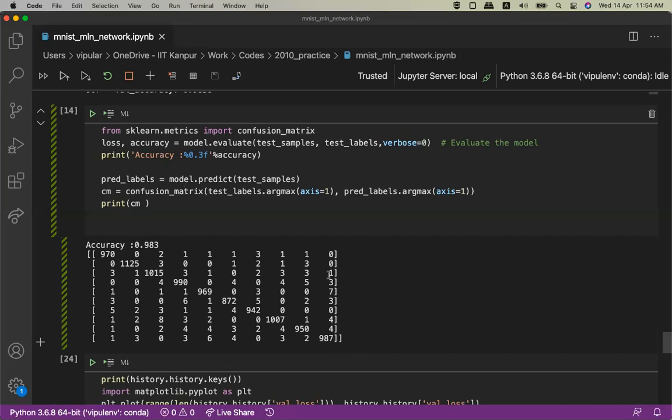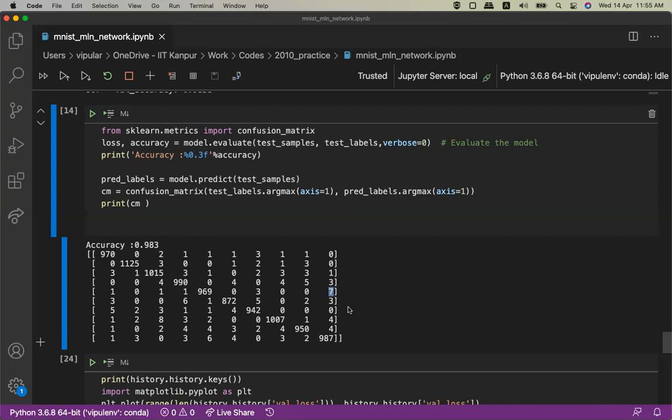So let us look at this number 7. This looks like the largest number here. What does it mean? My ground truth was 4, but my prediction was 9, the last one. So 7 times my ground truth was 4, but the prediction was 9.